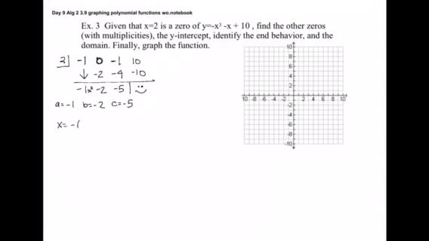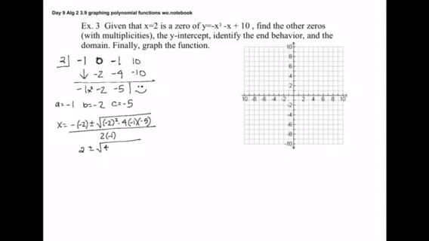x equals negative b plus or minus the square root of b squared minus 4 times a times c all over 2 times a. So we have +2 plus or minus the square root. -2 squared is 4.